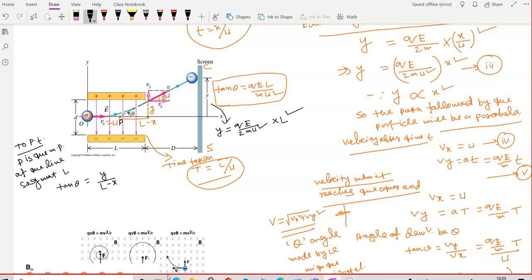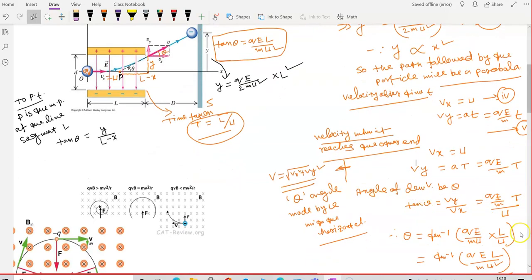So tan theta, I have got two expressions now. One in terms of angle and velocity: tan theta is equal to QEL by m u square. Another expression we got here: tan theta is equal to y by L minus x.